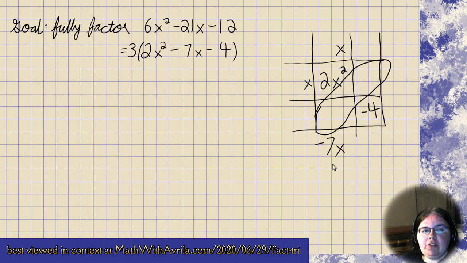Now the big question is, how did I get that negative 7x? Was it negative 3x and negative 4x? Or was it negative 10x and 3x? That's the hard thing to tell.